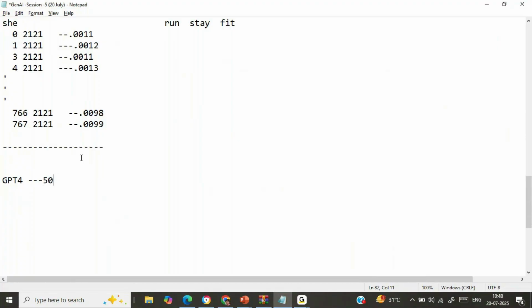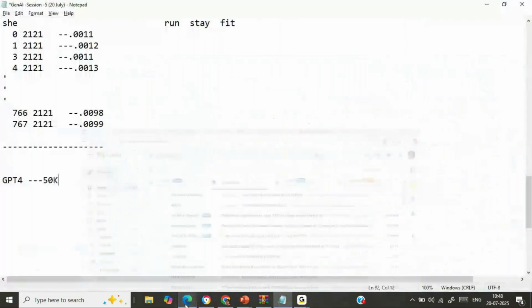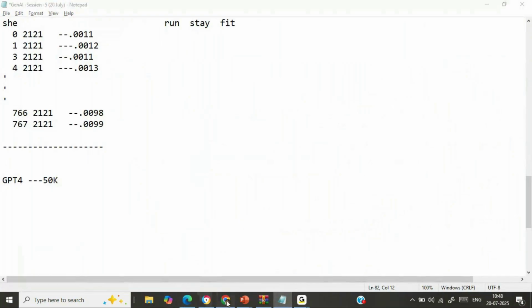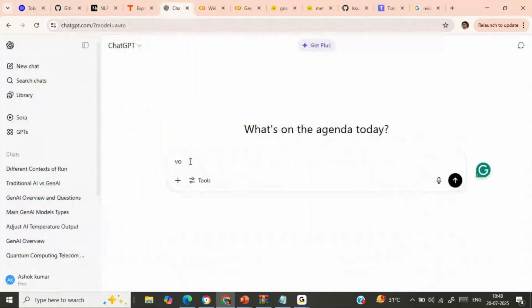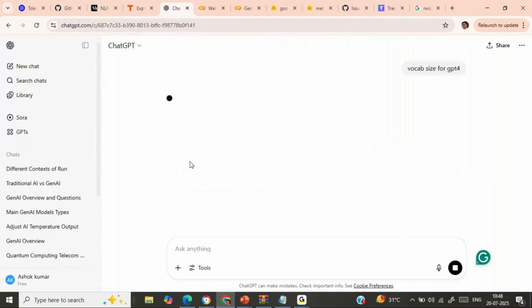The vocab size is almost 50K. Exactly, let me try to check it. Vocab size for GPT-4, almost 50K.